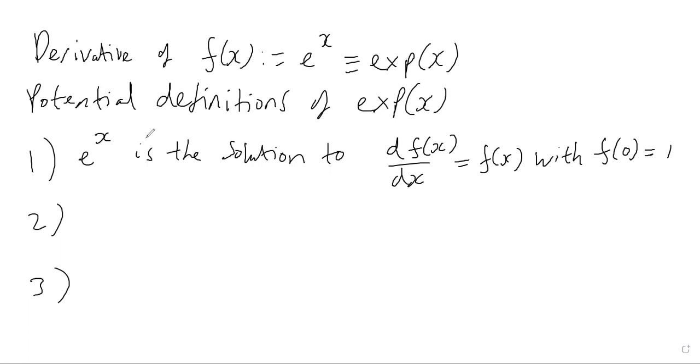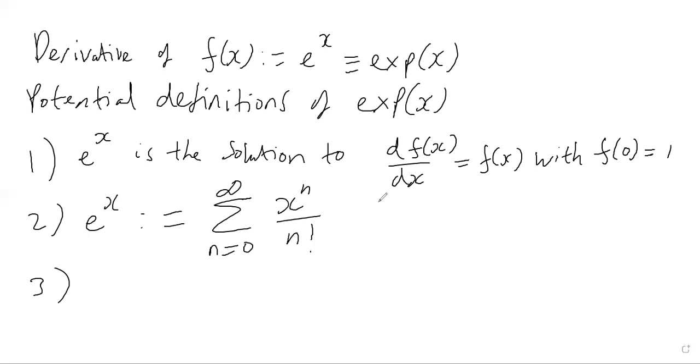Another possible definition is this one here. e to the power of x is defined as this summation. We start from n equals 0 and go up to infinity. So this is an infinite sum, defined as x to the power of n divided by n factorial.